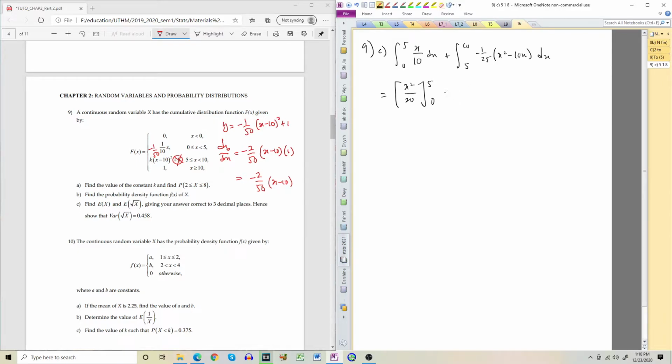Can take out negative 1 over 25. You should get 4.583. This is your expected value.